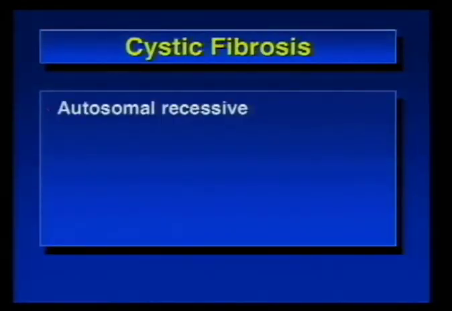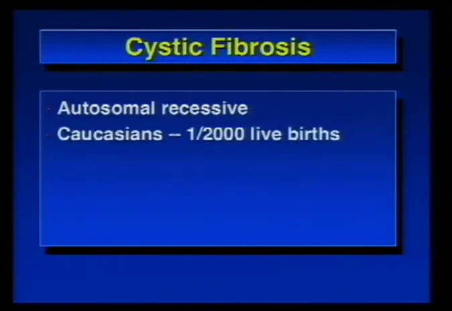Okay, so cystic fibrosis, let's talk about that for a couple of minutes. It's autosomal recessive. They love to show cystic fibrosis cases on the boards. It's unbelievably common. I've actually seen all the possible cases. Caucasians, unbelievably common on the boards, not in general.